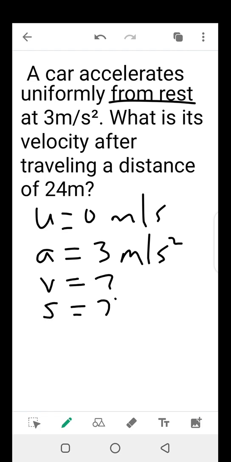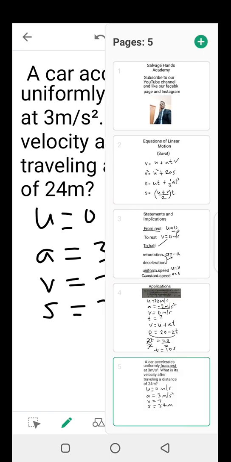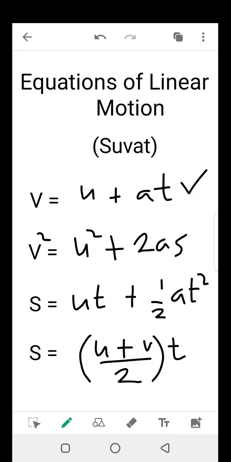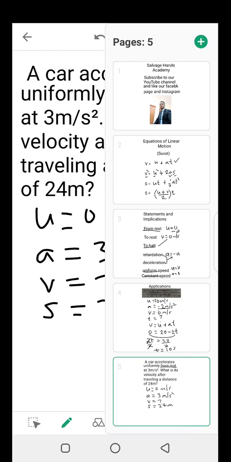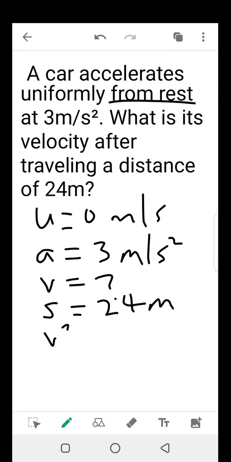So we look at what formula combines U, A, V and S. Let's check: U, A, V and S. This is the equation. The equation is V squared equals U squared plus 2AS.